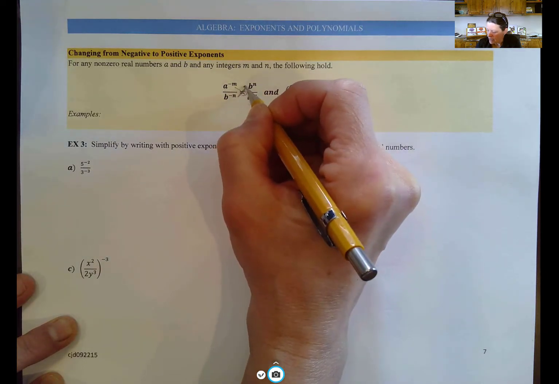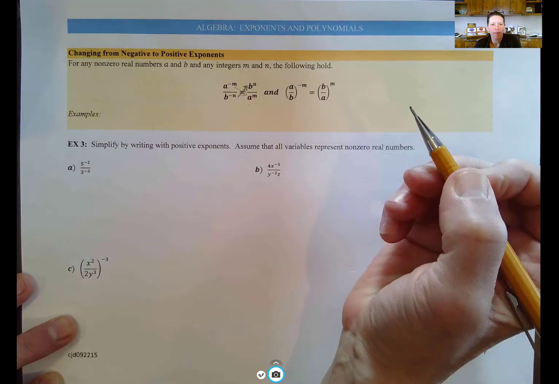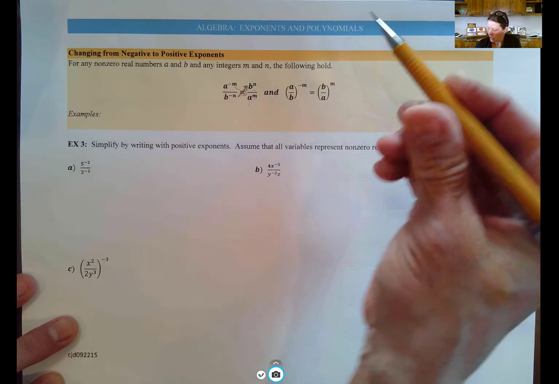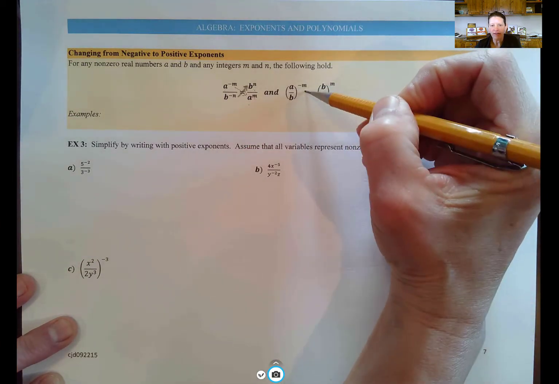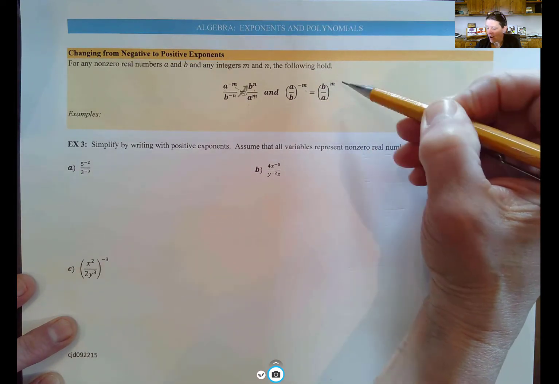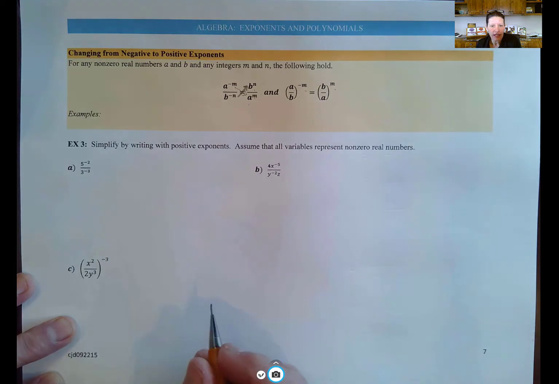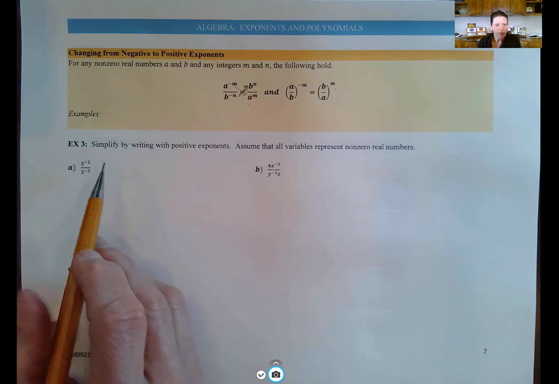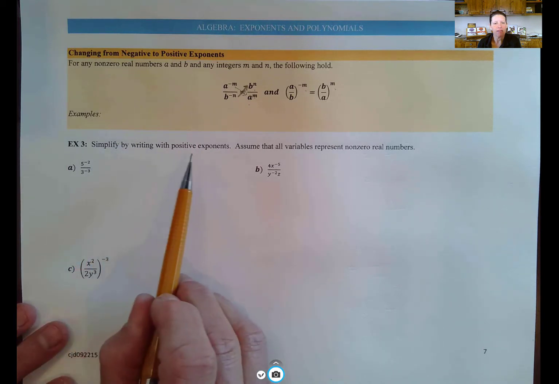Similarly in the denominator, move that base to the numerator and change the exponent to a positive. If we've got a fraction raised to a negative exponent, we just basically invert that fraction and change that exponent to a positive exponent.